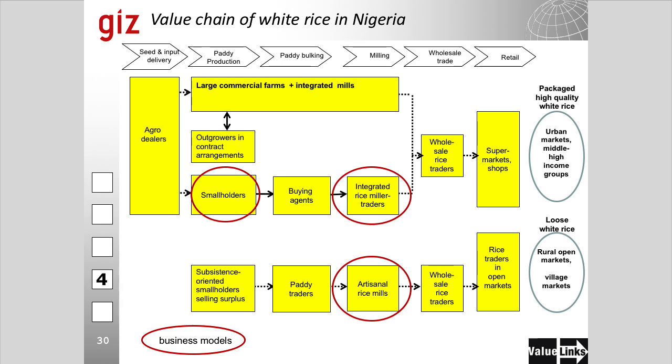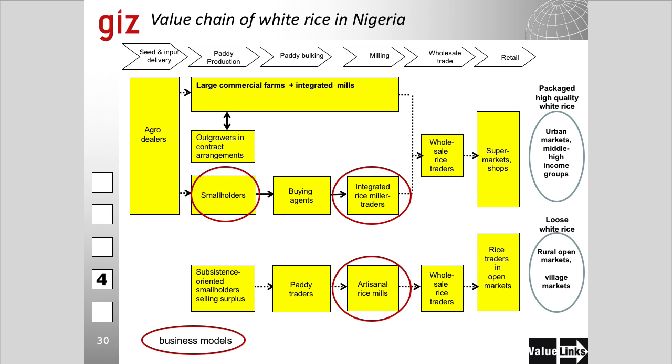There are also very small scale mills which don't appear on this value chain map and have yet a lower type of investment. That is not included here. And in fact, it is a big question what to go for.